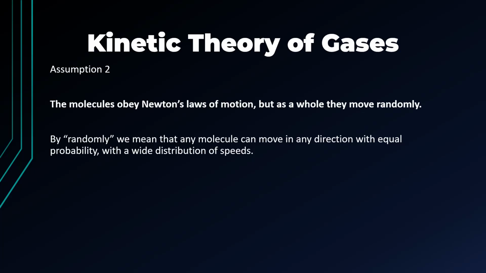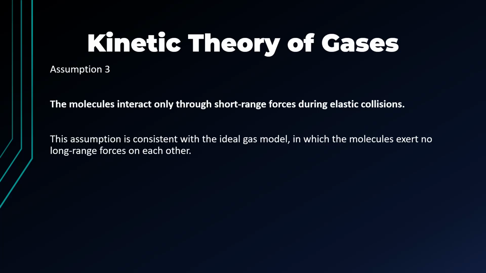Basically, we're saying that there are no quantum mechanical effects that can occur here. And by randomly, we mean that any molecule can move in any direction with equal probability over a wide distribution of speeds.